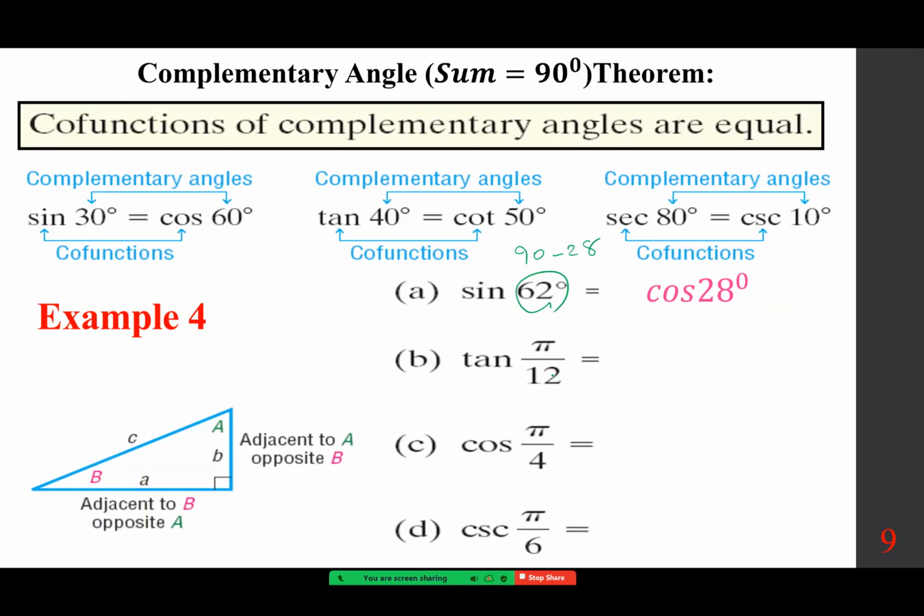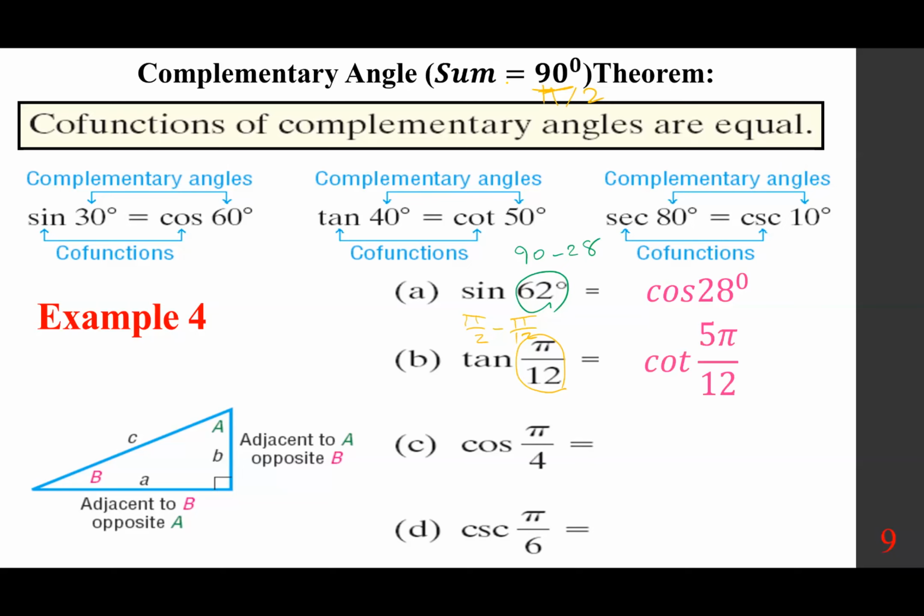Tan of pi over 12, you're going to use cotangent of pi over 2 minus pi over 12. Remember, 90 degrees is the same as pi over 2. Pi over 2 is 6 pi over 12, minus pi over 12 makes it 5 pi over 12. So cotangent of 5 pi over 12.